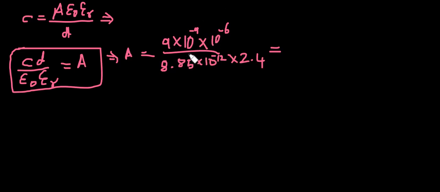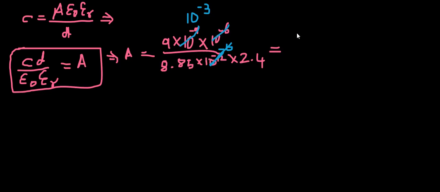What we can do here is write this as 8.85 and 2.4. The 10 power minus 6 remains in the denominator position, and 10 power minus 3 is going to remain in the numerator.